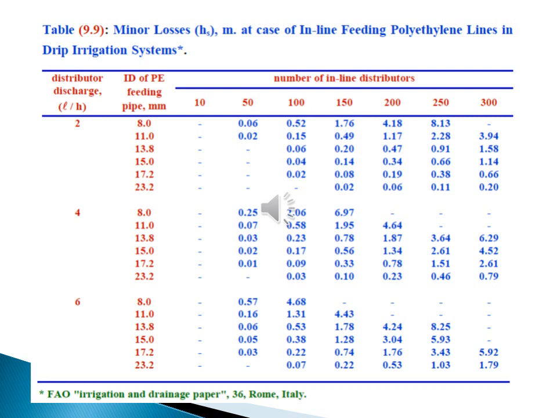Table showing minor losses per meter in the case of inline feeding polyethylene lines in a drip irrigation system, with distributor discharge of 2, 4, and 6 liters per hour.